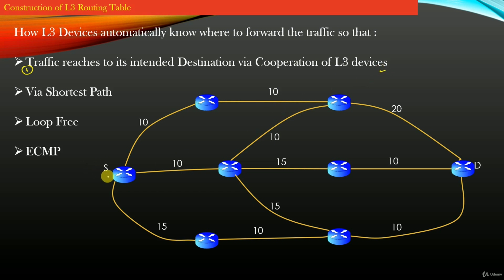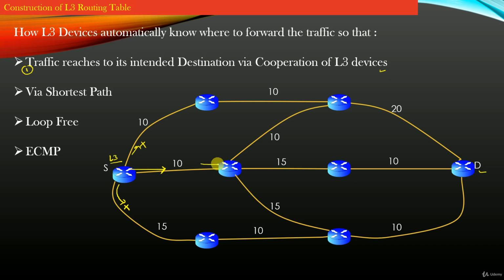Suppose you have a router S and it wants to send traffic destined to the router D, right? The router S must have an L3 routing entry in its layer 3 routing table which says: hey router, if you want to send the traffic to the destination D, then you must forward the traffic via this interface and not via this other interface.